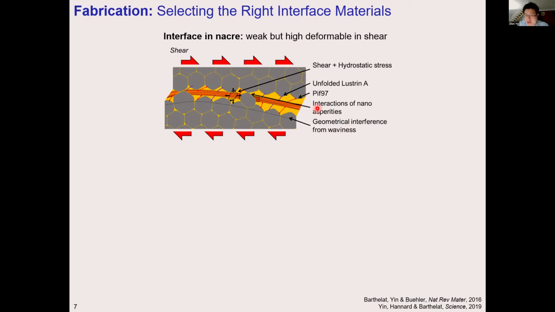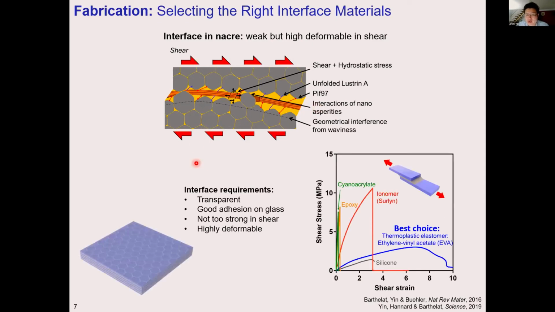And the same criteria also apply for the interface materials in our architectured materials. We need it to be transparent, it should have good adhesion to glass, it should have relatively low stress to shear, and it should be highly deformable for sure, similar to the protein interface in Nacre.